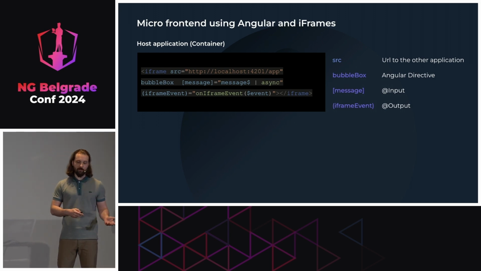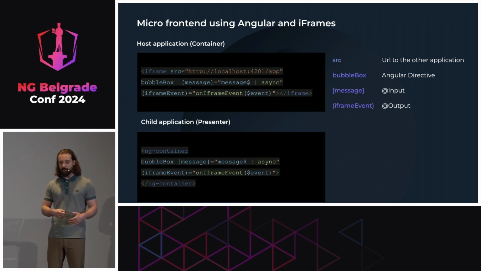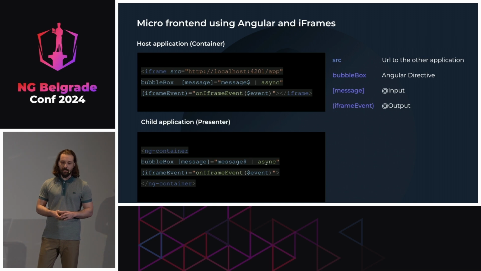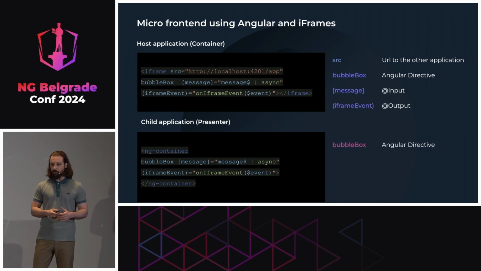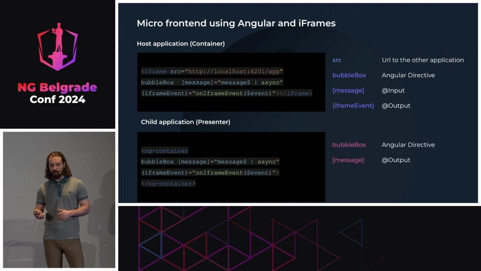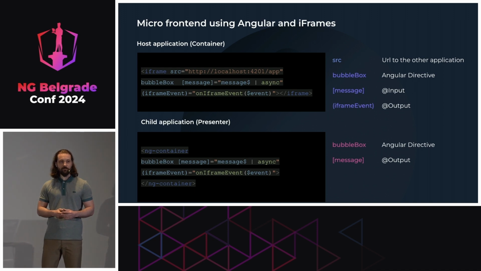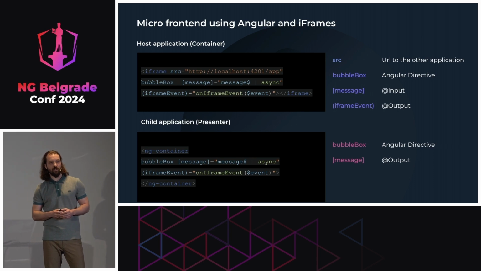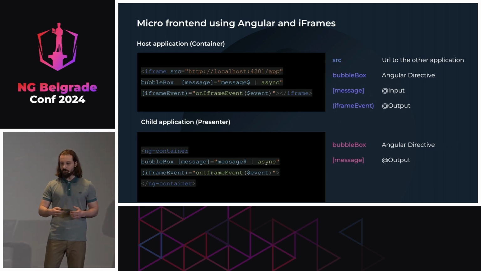In our child application that will be loaded through the iFrame, at the top DOM element, we will add in the first place the Bubblebox directive. Then the messages will now be our output. Everything that we want to pass from the child application to the host application, we can send through the messages.